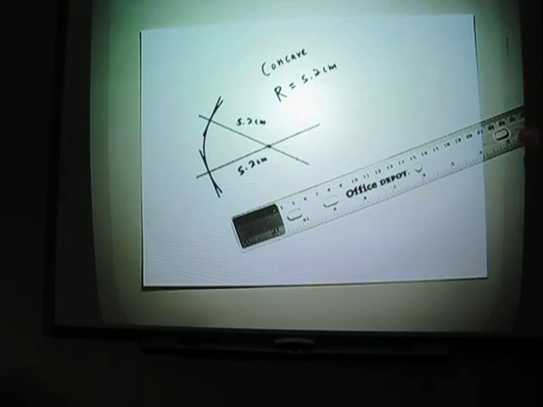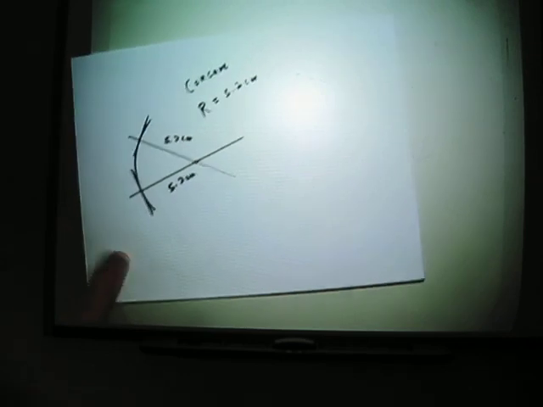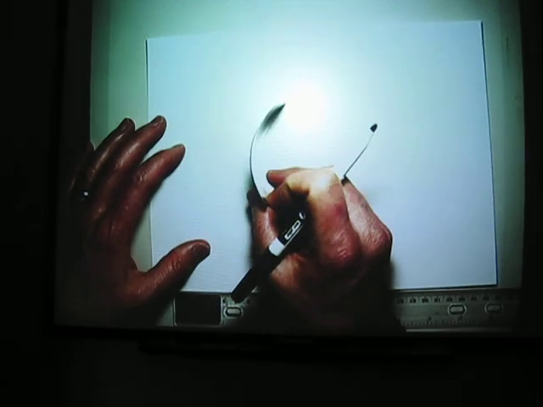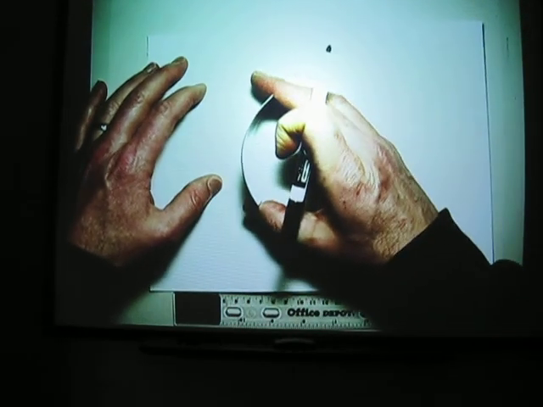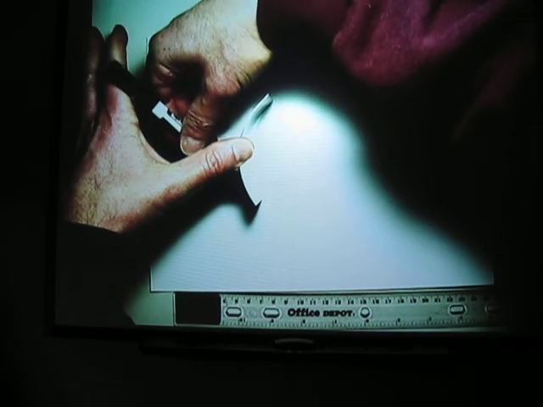So let me do the same thing for the convex, which really I'm just tracing the outside of the mirror now, so it'll probably be a slightly larger radius. And then you'll have all the values that you need for that part. So here I'm going to trace just the outside of this mirror.